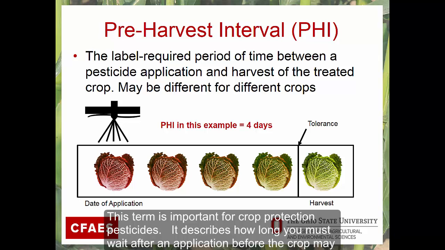So once again, it protects those who harvest, but it also prevents excessive residues from being in the food when it is harvested. Not observing the PHI could result in illegal residues in your crop, and it would have to be destroyed. The EPA sets those maximum allowable residues for every crop. It is called a tolerance, a pesticide tolerance.